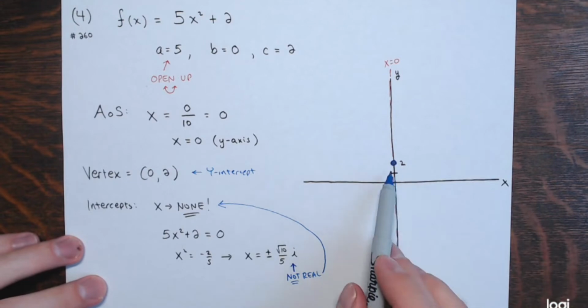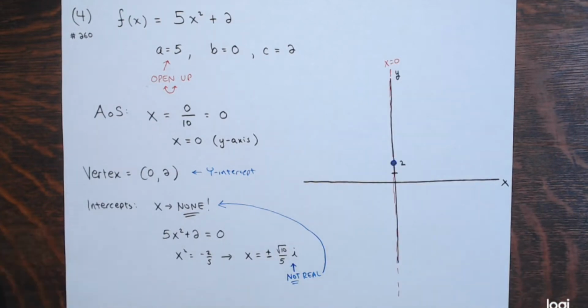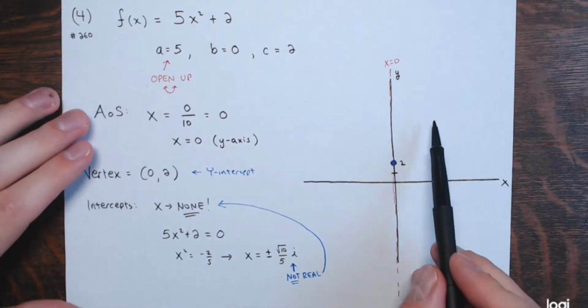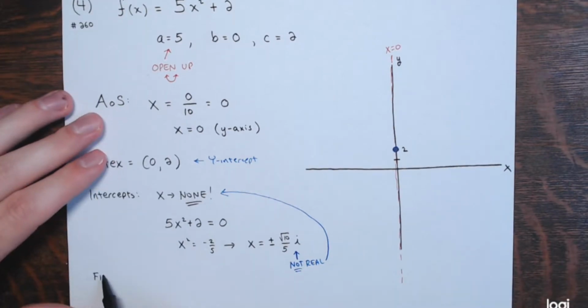So all I have right now is a single point, and I know where the axis of symmetry is. So in order to be able to use the symmetry, I need to find a point on either side. All right, so let's find another point, since the intercepts didn't help. There aren't any x-intercepts.